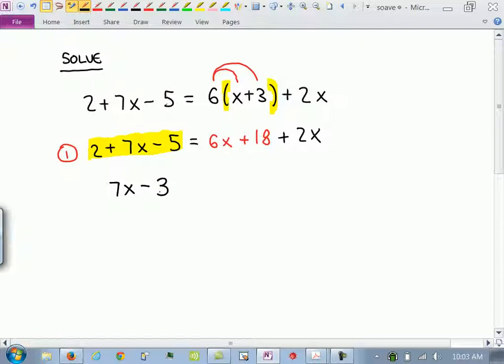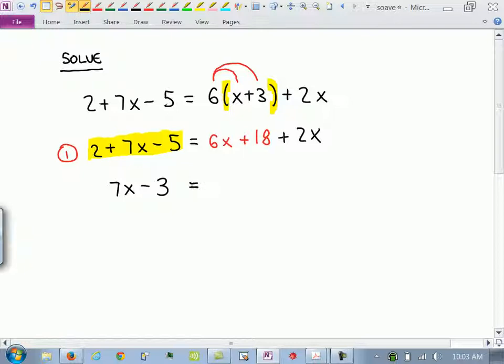Now, you could have also done it this way, all right? This would not be wrong. I'll put it underneath this, but I'm going to erase it after I'm done. Either way would work. You can have 7x take away 3, or you can say negative 3 plus 7x. But I'll stick with this one here. Now, what's going to happen on the other side of the equation?